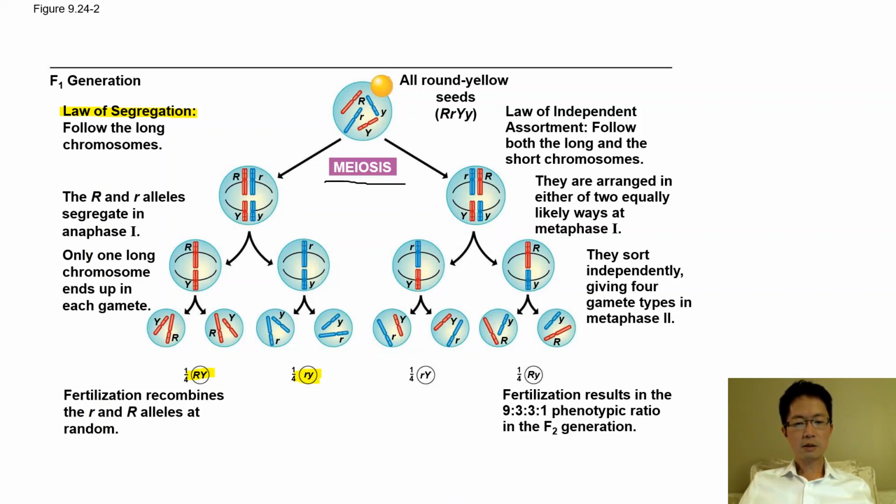Other gametes, due to independent assortment, remember independent assortment in meiosis, this is metaphase 1 in here.